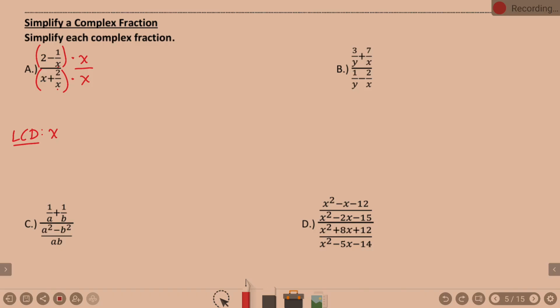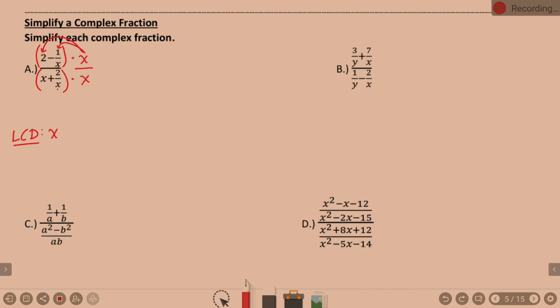So that's why you can multiply something by 1,000,000 over 1,000,000, and it doesn't change the value because you're just multiplying by 1. Now, with this in mind, when we multiply that numerator by x, what are we going to have to do? That x is going to have to distribute. It's going to multiply by both terms. What are we going to have to do in the denominator?